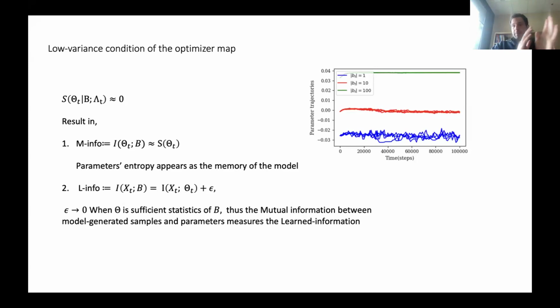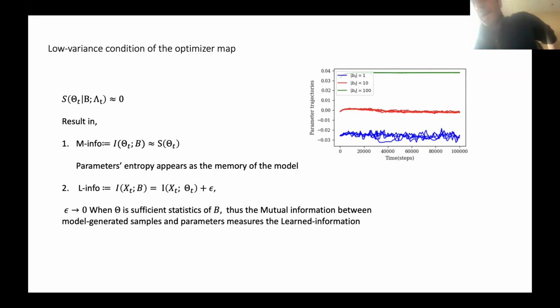So theta is a map of B, and if theta is a sufficient statistic corresponding to the task that you want to do, let's say that this task is classification or generating images, it means that theta holds exactly enough information from B about your specific task X. If that's the case, which is what we want in machine learning, that's the end goal in training your model, then the mutual information between X and B reduces to the mutual information between X and theta.